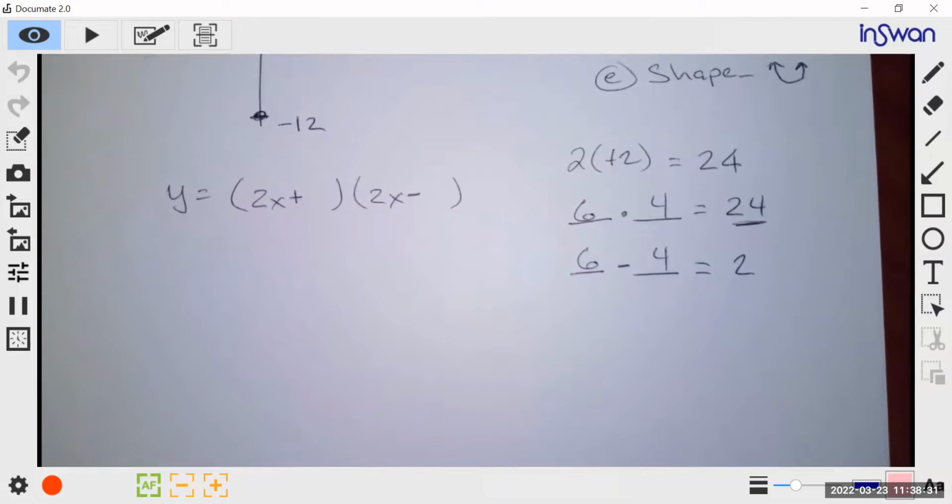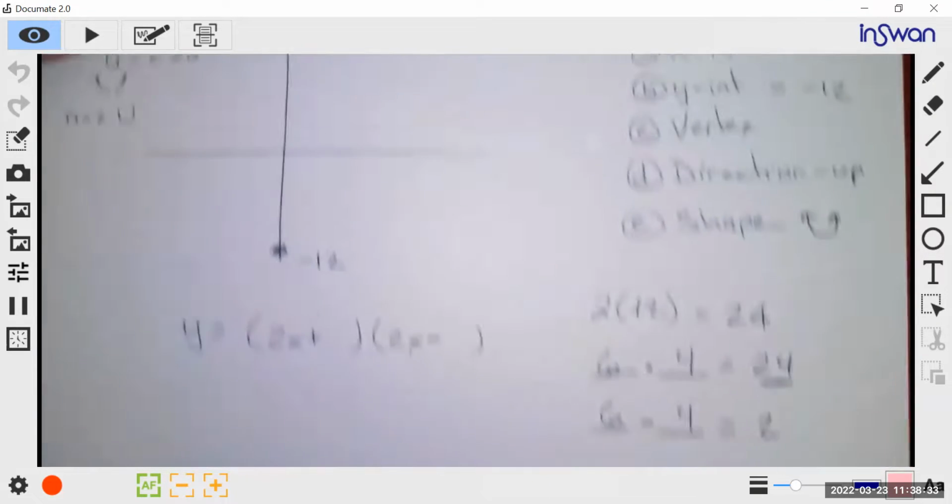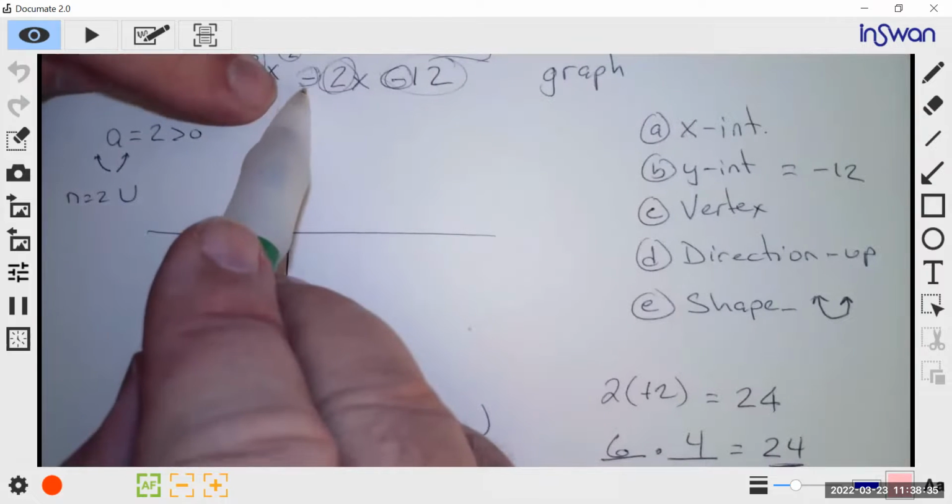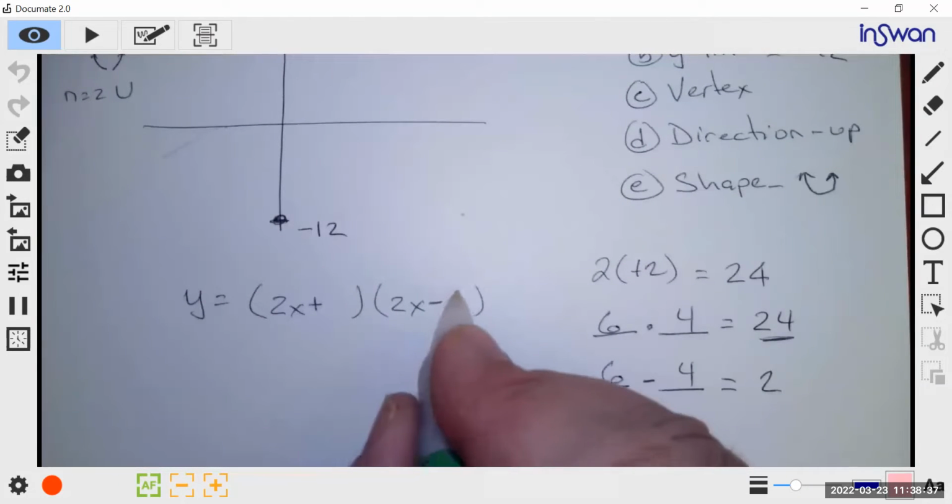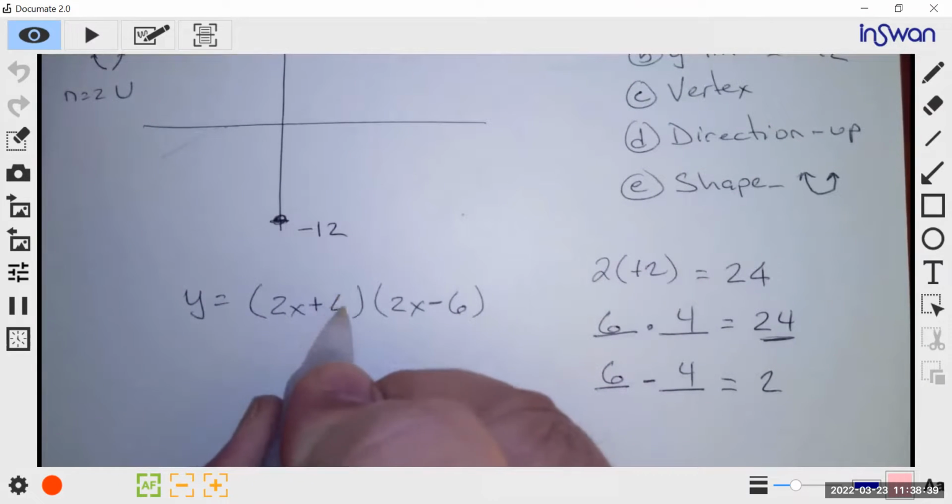So 6 and 4 are the numbers. And since the first sign's a negative, the bigger number gets the negative.